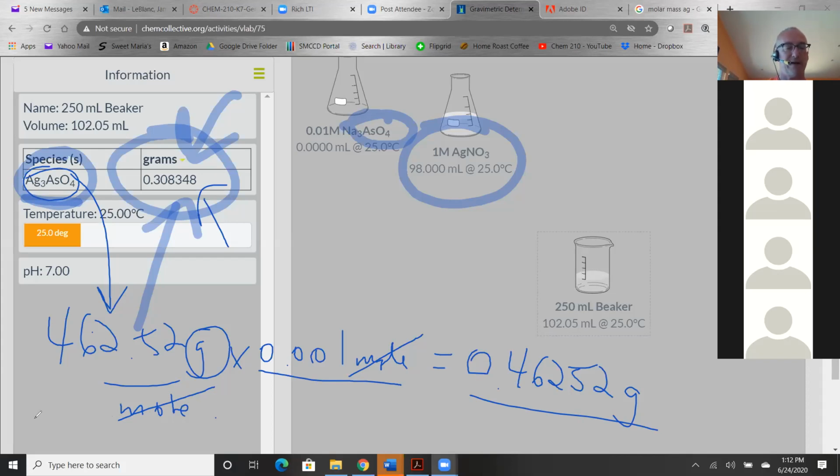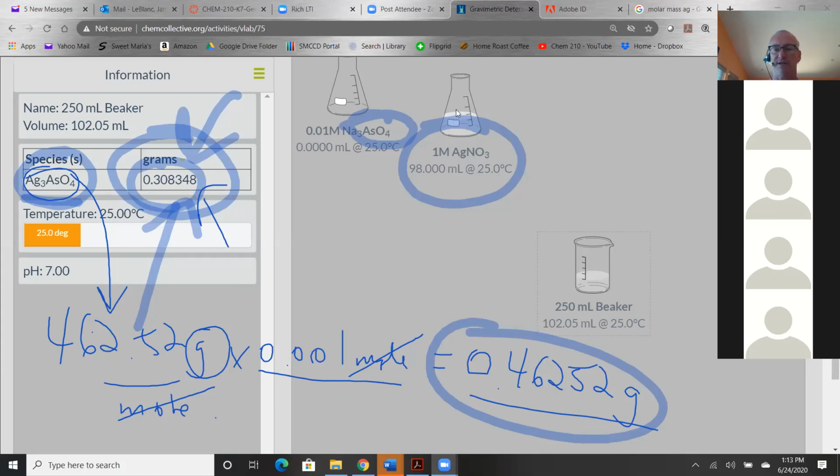What this means is, because we have 0.3 grams, we still have arsenate ion in solution because we haven't got this total yet. So let's add some more and see what happens.